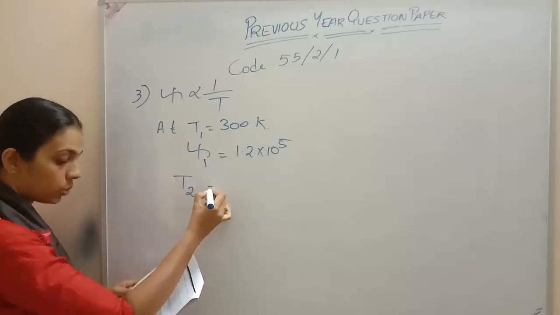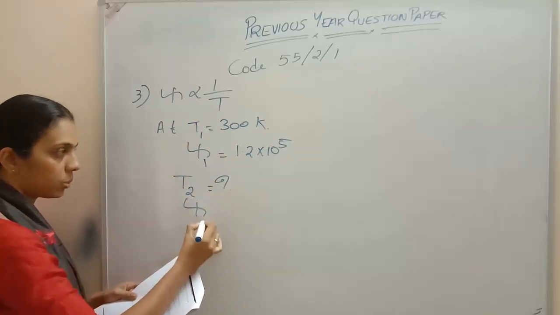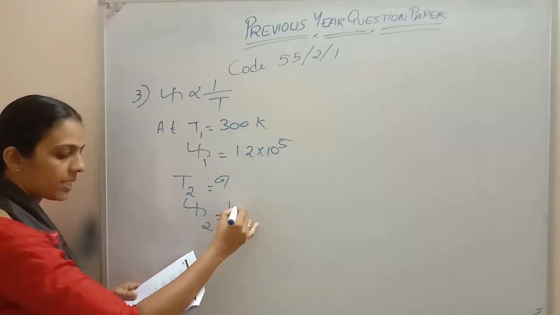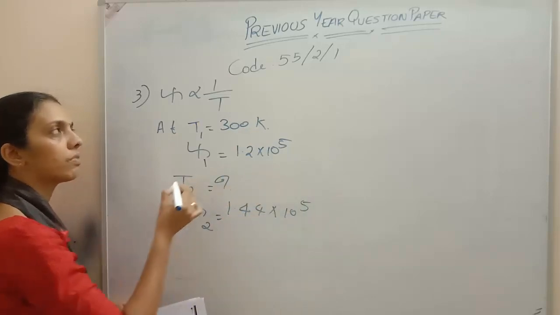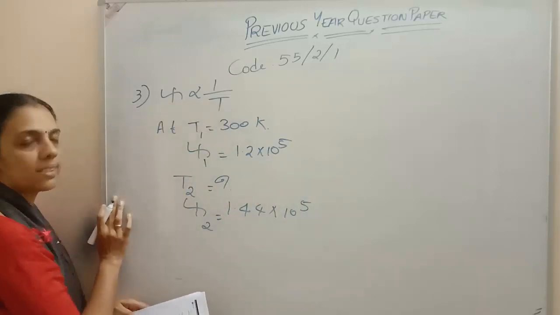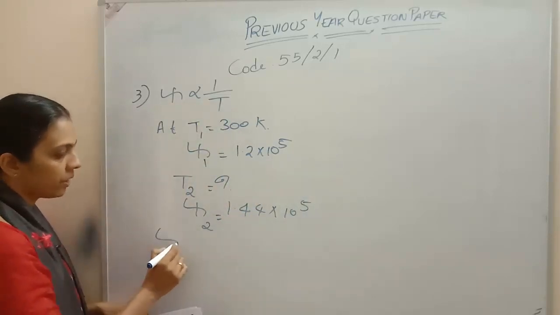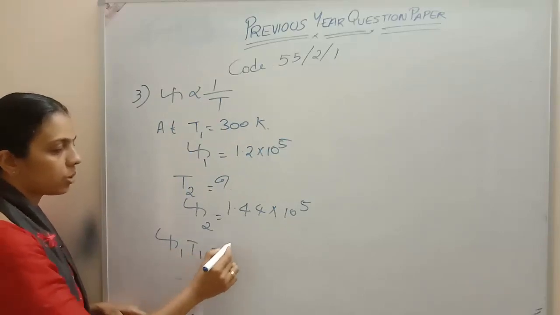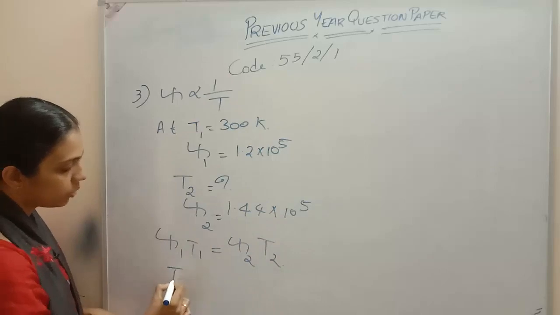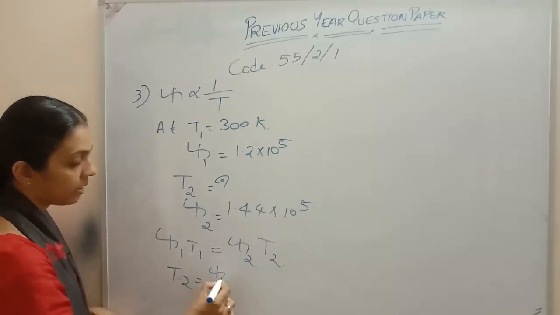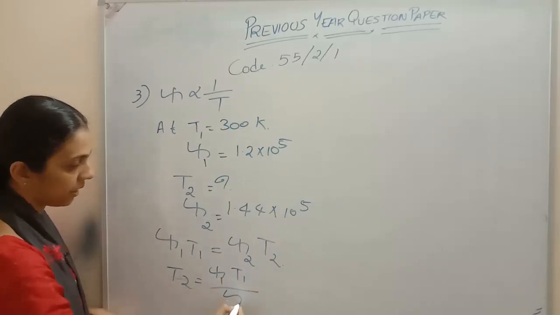So here T2 we should find out. Chi 2 is given as 1.44 into 10 to the power 5. How we can find out? Chi m into T is a constant, isn't it? So chi 1 into T1 will be equal to chi 2 into T2. So here T2 we should find out: chi 1 T1 divided by chi 2.